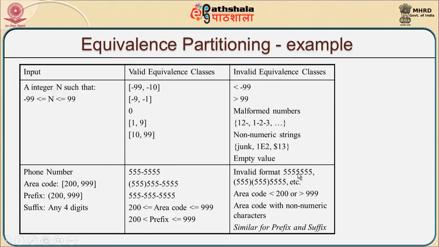So there may be a hyphen which is missing here, or we put in braces, which is not acceptable, or the area code can be mentioned in this format. So we are quite dependent on the prefix and suffix that we tend to follow.